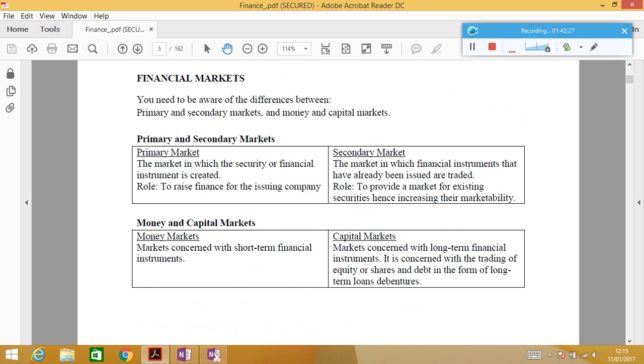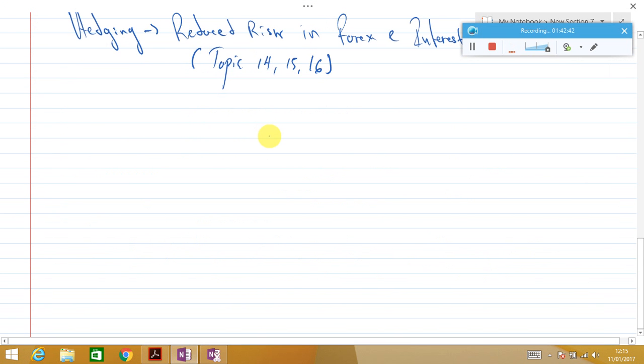These two are different. Let me start with this first. What is the primary and secondary market? This is the stock exchange. Remember, the stock exchange has two parts: one is the primary, another one is the secondary.